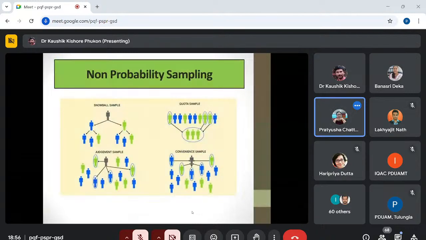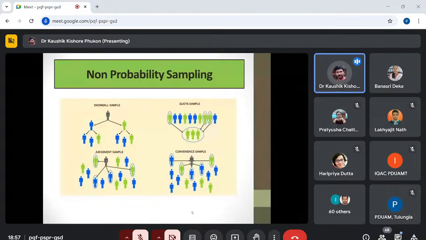Okay. So see, judgment sampling. Can you see the picture? Yes, sir. Okay. So judgment sampling has a major difference with convenience sampling. Suppose you are doing research and you want to select a sample from the population in a convenient way.